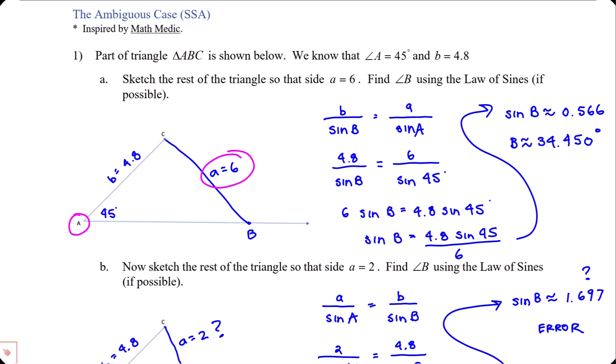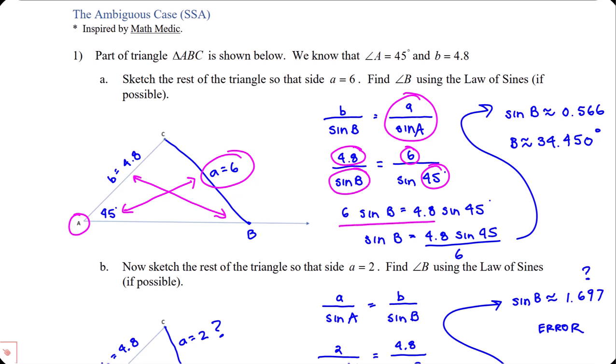We have an angle A and side A that we know, so that's going to be our key fraction. We know the side, we know the angle. And since we know side B, which is going to be opposite angle B, we can find angle B.